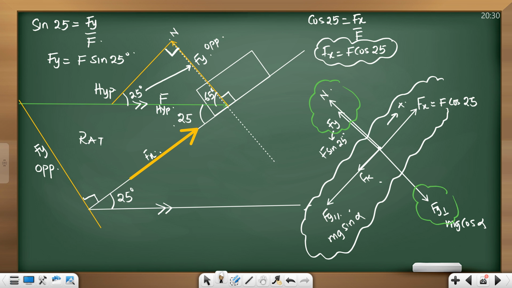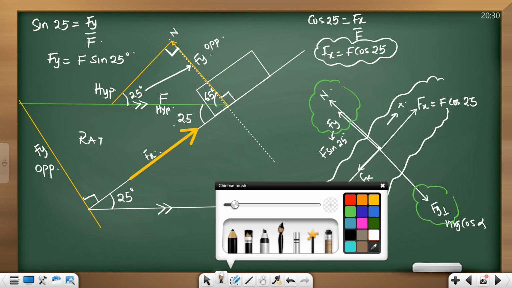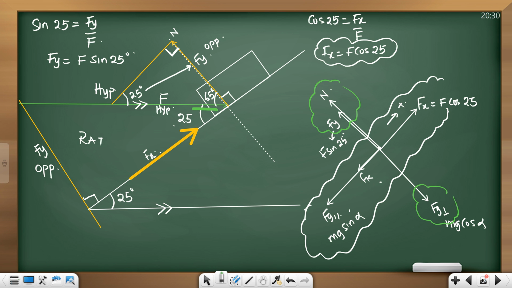They do the same force, but instead of saying it was pushed, they said it was pulled. It's going to be the same thing. Let's check. It's pulled, so it's going up.